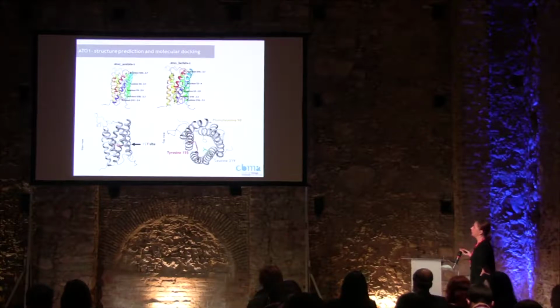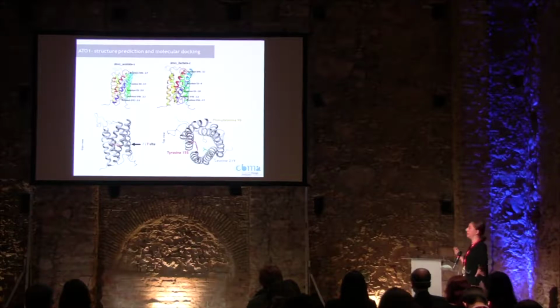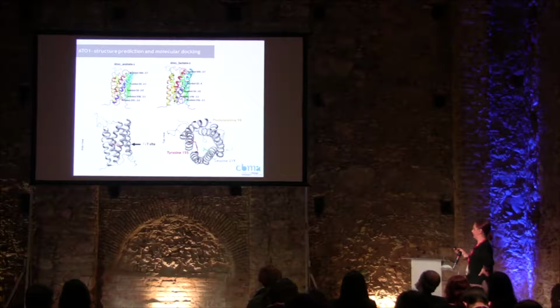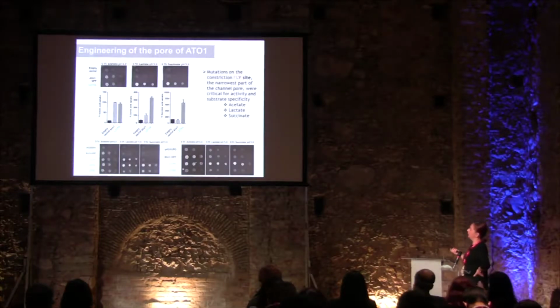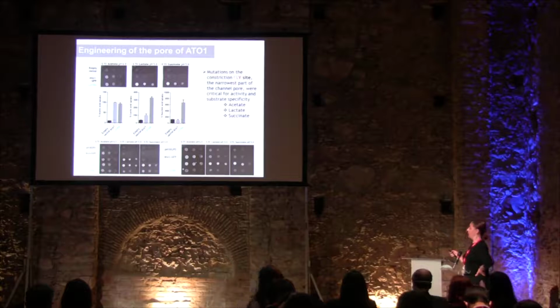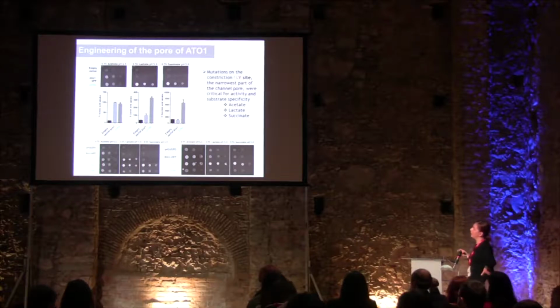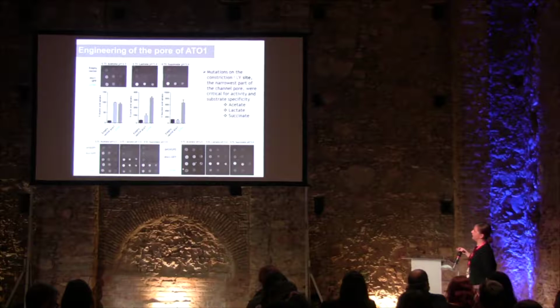We tried to see if we could somehow modulate the activity of the protein by making some alterations in its overall structure. This is just an example: by mutating the leucine residue of the FLY motif, you can see here that this is the wild type that grows a bit on acetate and does not grow on lactate or succinate.